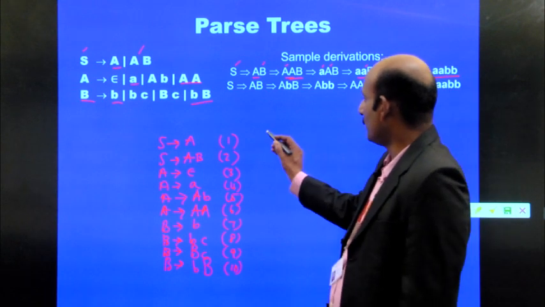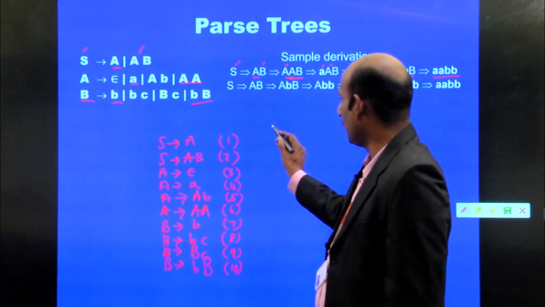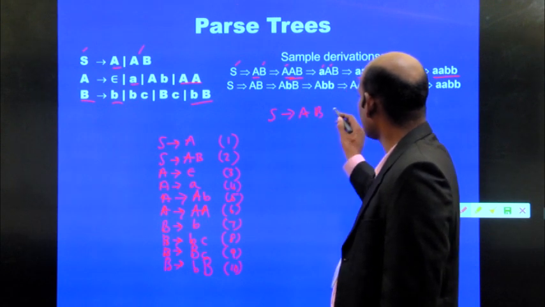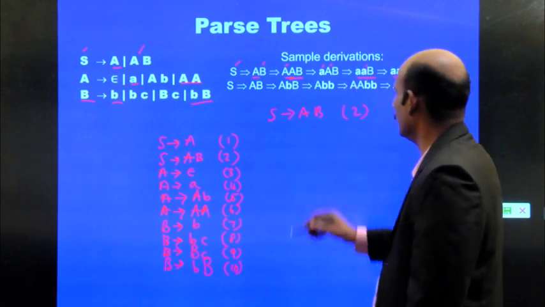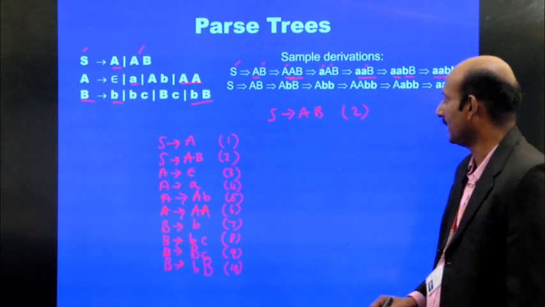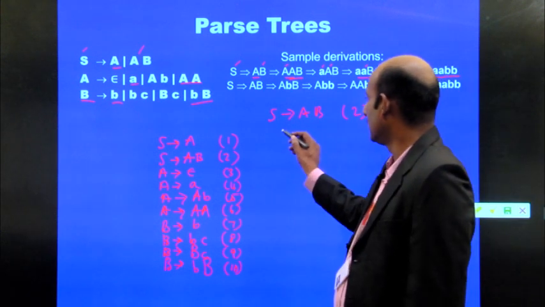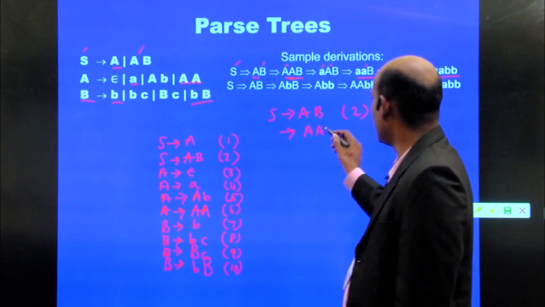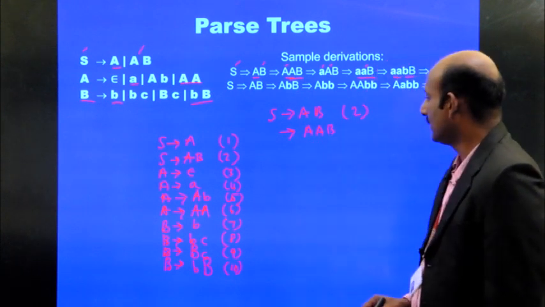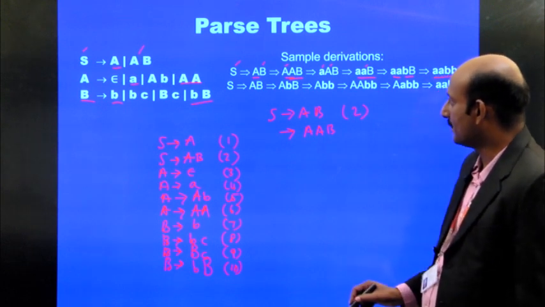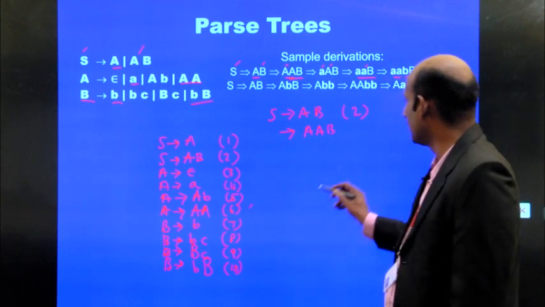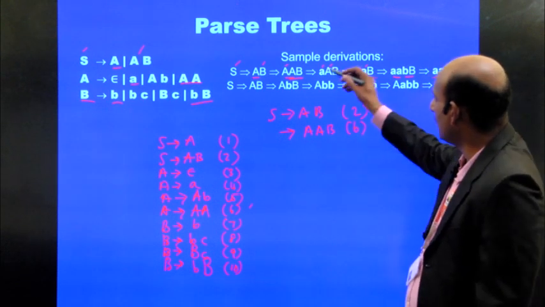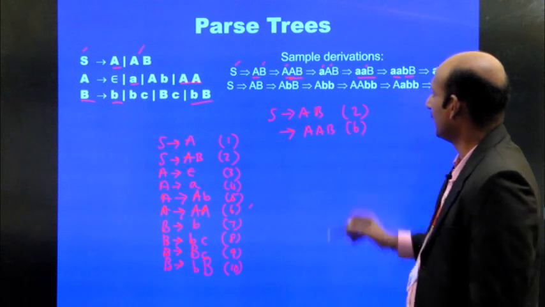Okay, so first S tends to AB. This is as per rule 2. Next, this S is replaced into capital A, B, right? So this is as per the production of rule number 6. This is what is written here, AB, AAB likewise.